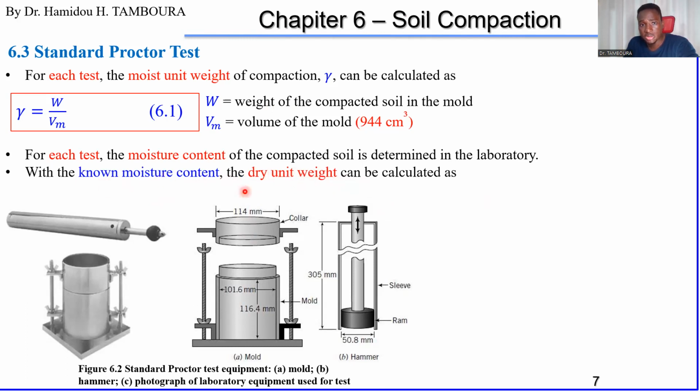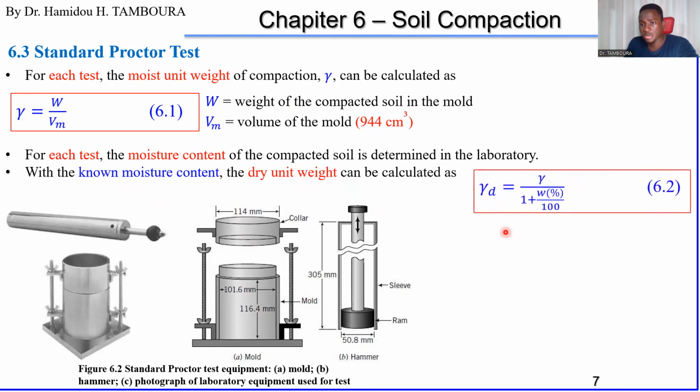If you know water content, you can easily obtain the dry unit weight. How do you do that? By using this formula. So dry unit weight equal to unit weight, this unit weight, divided by 1 plus the water content you calculated.